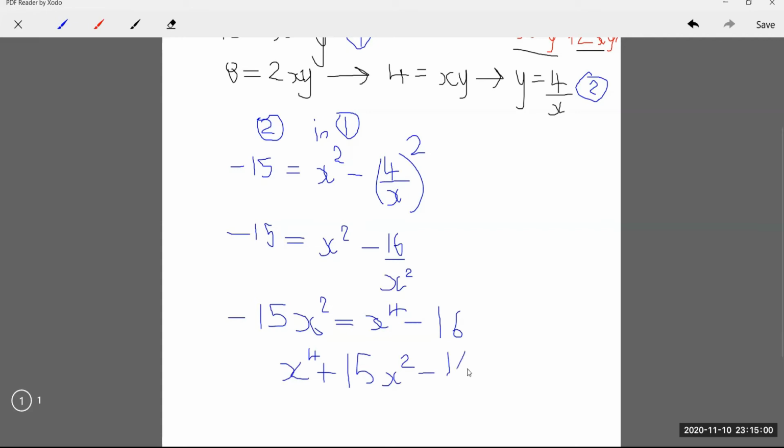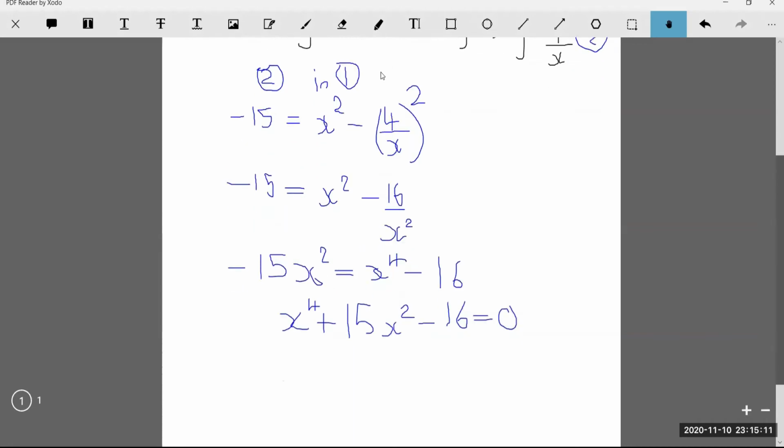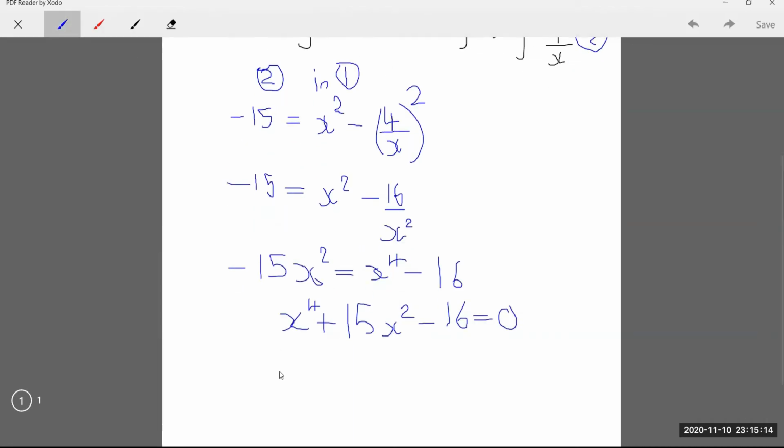So now this is really a hidden quadratic, because x to the 4 can be rewritten as x squared all squared. So since we can rewrite that, what we're going to do is factorize it. We know x to the 4 is really x squared times x squared. That's the only way.